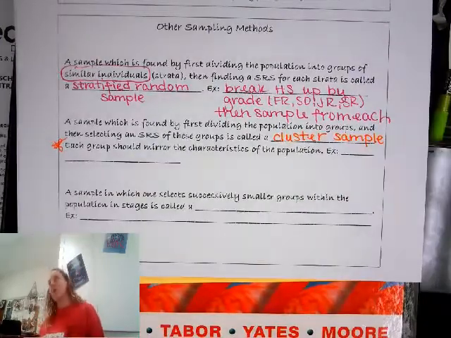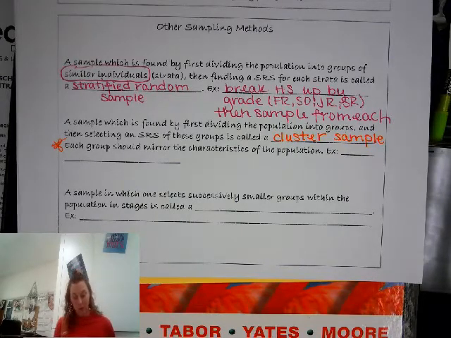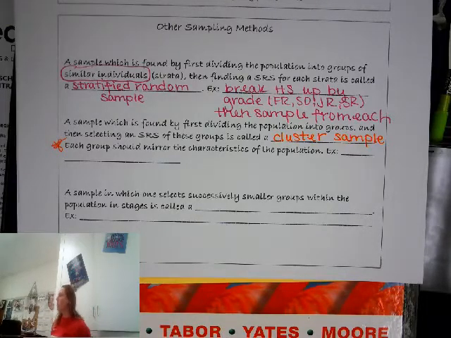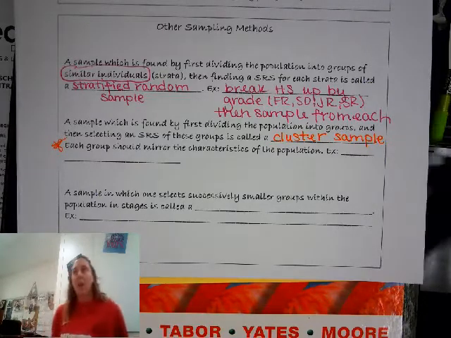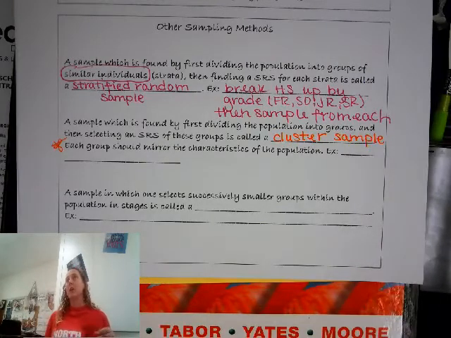Trying to think of a good example for that one. I guess sticking with the high school theme, maybe I'm going to go with math. Let's say like an Algebra 2 class, because you could have freshmen in there, sophomores in there, juniors in there, and seniors. Maybe actually a better one would be PE, because I don't think PE is broken up by grade at all.